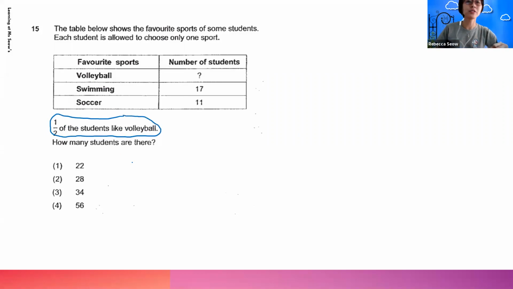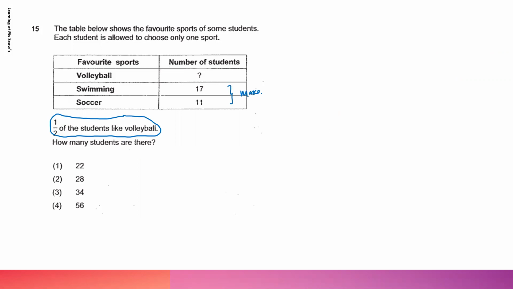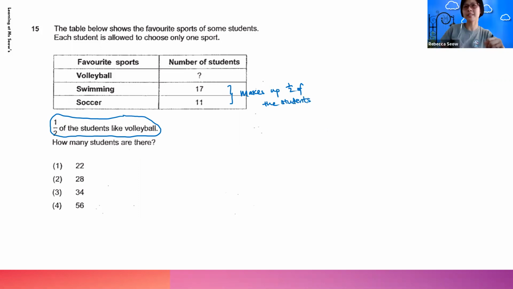If half of the students like volleyball, what can you say about the fraction of students who like swimming and soccer? Swimming and soccer is also half. Yes. So this question expects you to make this conclusion on your own. If you're not able to, then you'll find that you're stuck. Yeah, so it's good that you're able to find out.